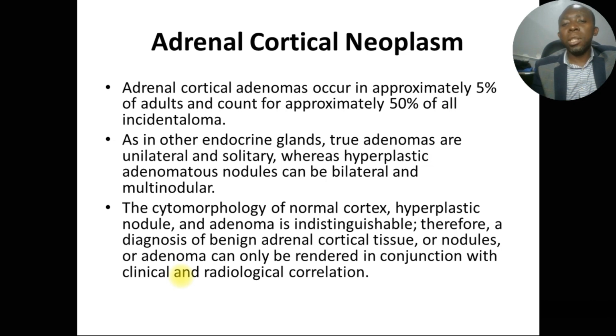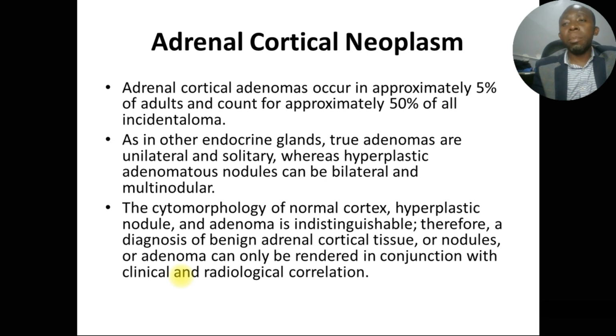The cytomorphology of normal cortex, hyperplastic nodule, and adenoma is indistinguishable, and therefore a diagnosis of benign adrenocortical tissue, nodule, or adenoma can only be rendered in conjunction with clinical and radiological correlations.